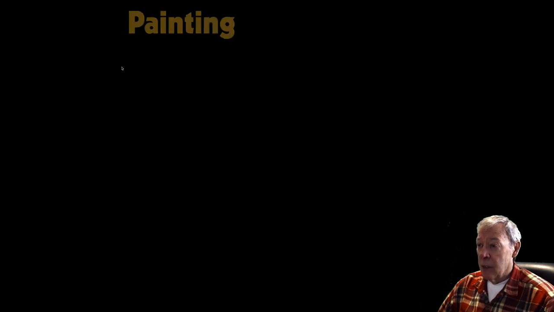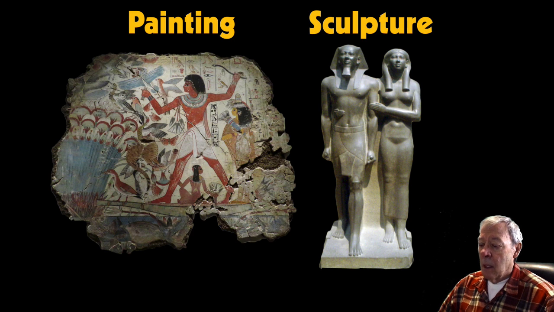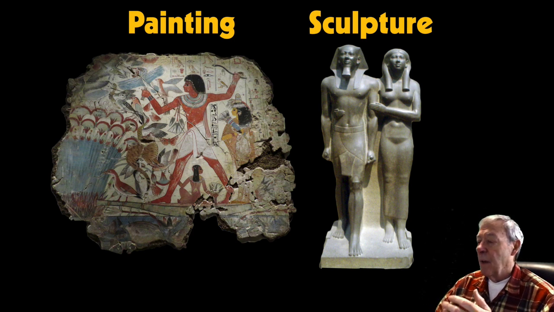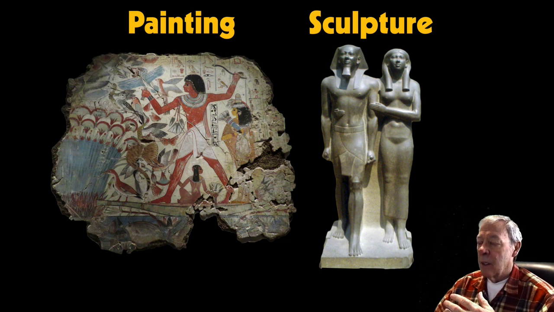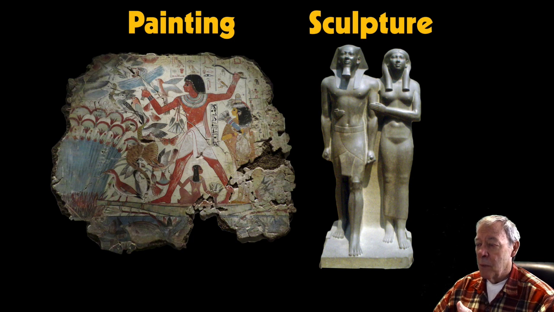What I'm going to be taking a look at in today's lecture is painting and sculpture. And what we see here in these two works of art are fairly stereotypical images of the kind of work that the Egyptians created. So last time we talked about the general approach that the Egyptian used in terms of using his artwork to express the changelessness of eternity.